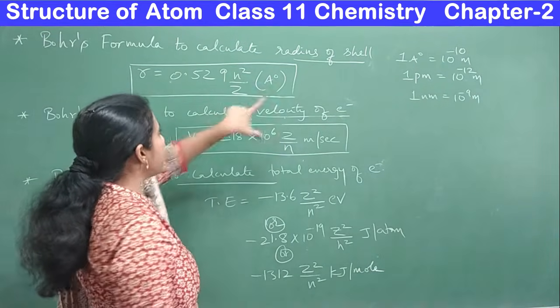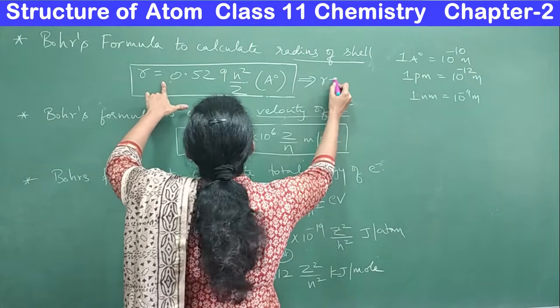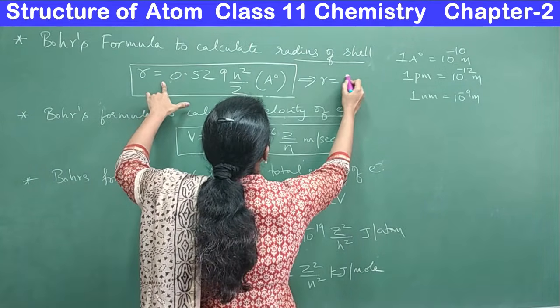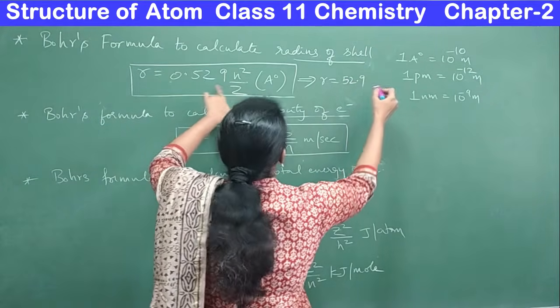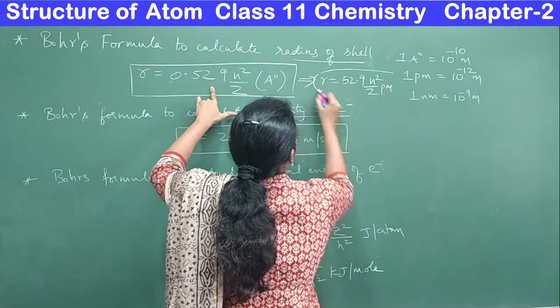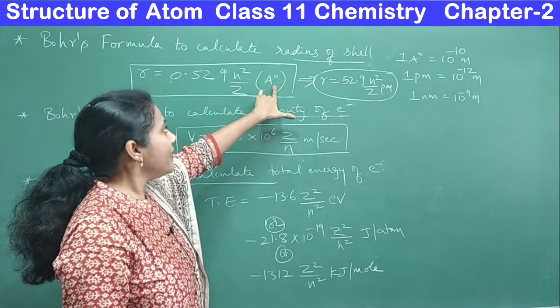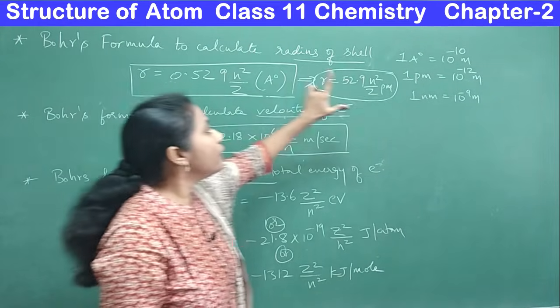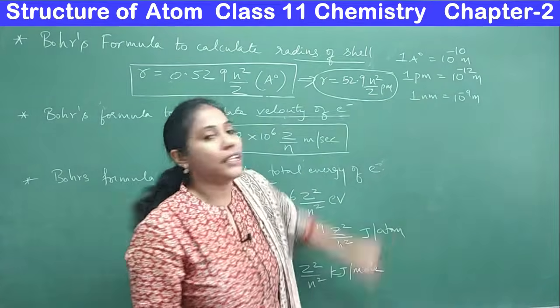If you convert this to picometer, you will get the formula r is equal to 52.9 n square by Z picometer. It depends on the question. If you have to calculate your answer in angstrom, use this formula. If you want your answer in picometer, then use this formula.